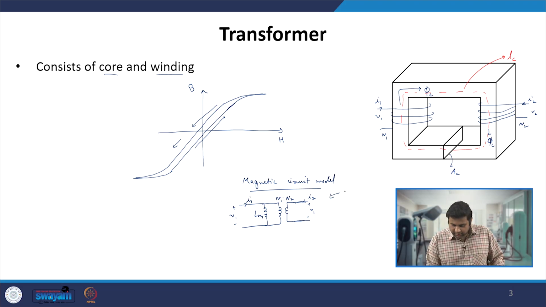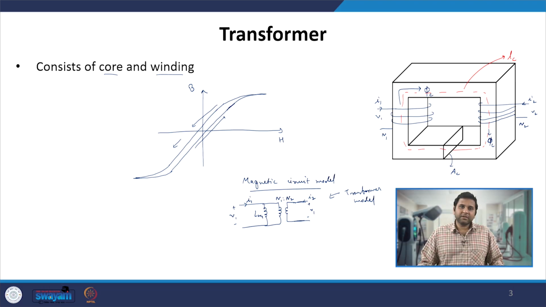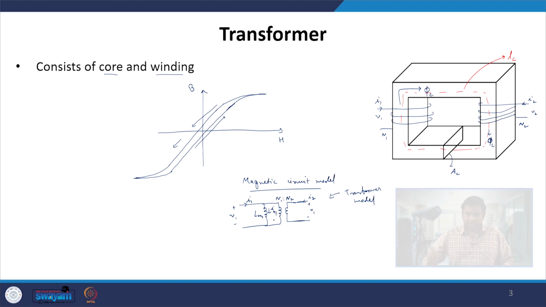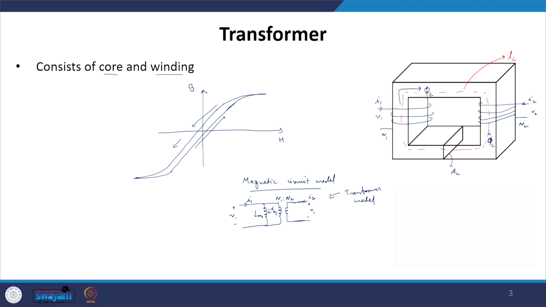So this is the transformer model we have, and in it we have assumed a magnetizing branch, where the amount of flux generated inside the transformer is obtained from the current going through the magnetizing inductor. Let us define this as Im1, where Im1 is the magnetizing current referred to the primary side, winding 1, and Lm1 is the magnetizing inductance referred to winding 1.